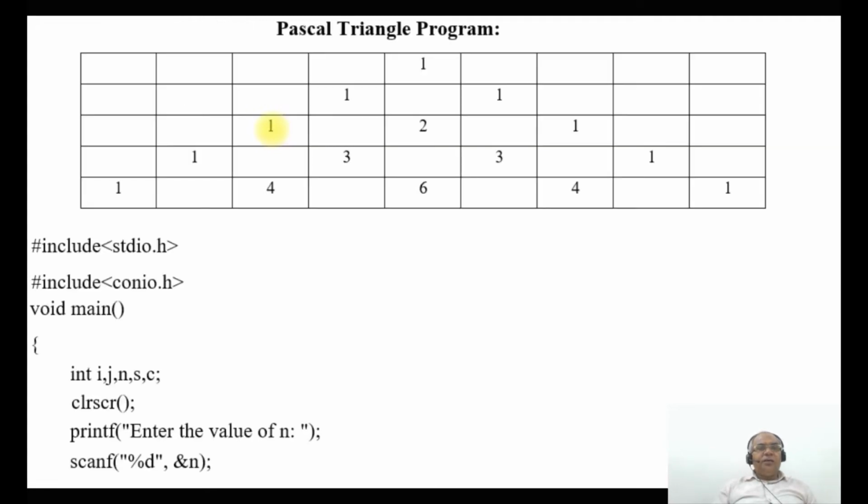If you go to this, you can see if you have i is equal to 0, then we have 4 spaces. So that means the number of terms we have is 5 terms. So out of 5, the number of spaces that you have is 4. So n minus i, if the value of i is equal to 0, then here n is 5, so 5 minus 0 is 5, so s is less than 5.